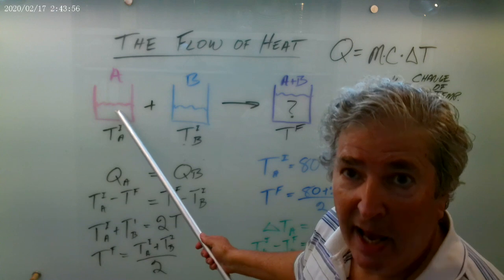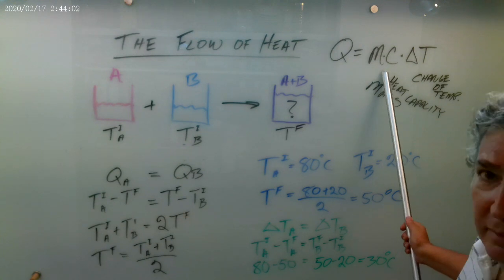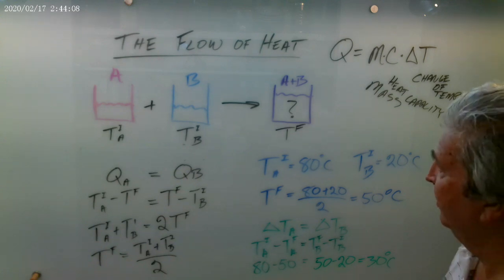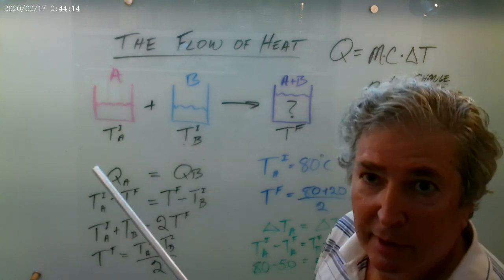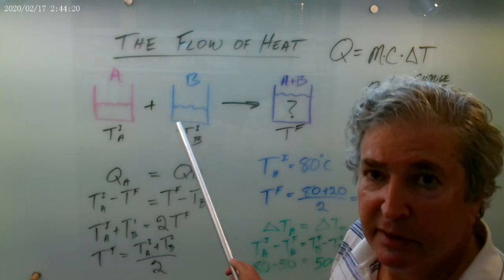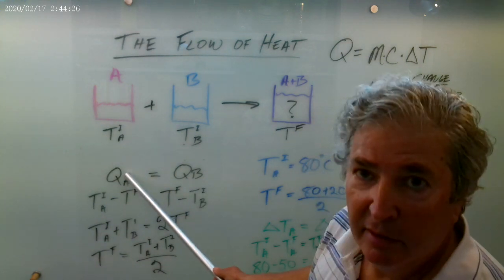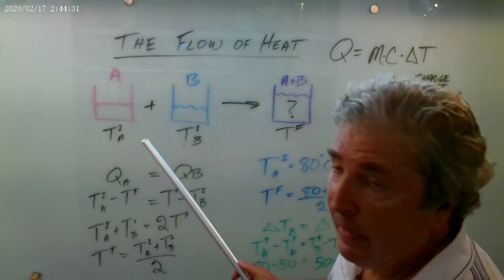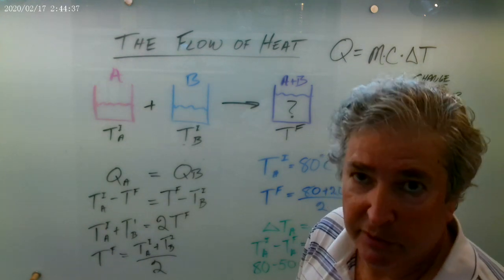We've got identical masses, and we've got identical materials. So the only part of this equation that's going to matter is the change in temperature. A key principle of this type of analysis is that we say when we mix these two samples together, the change in the heat of A is going to equal the change in the heat of B. And that's intuitive when, again, we have similar materials and similar samples.